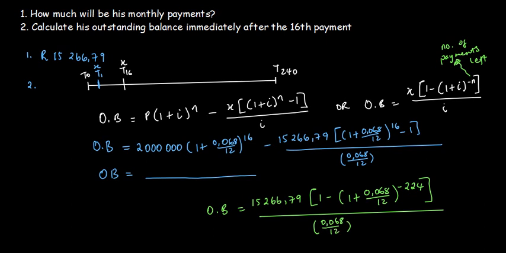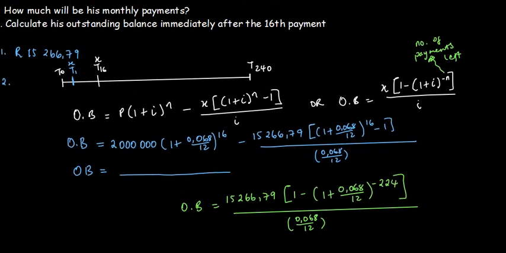People, we should get the same answer if we applied this correctly, right? So what would be the answer here, and what was the answer for this one? Anyone who calculated that for us? Remember, when I'm saying after the 16th payment, it means that 16 payments have already been made.